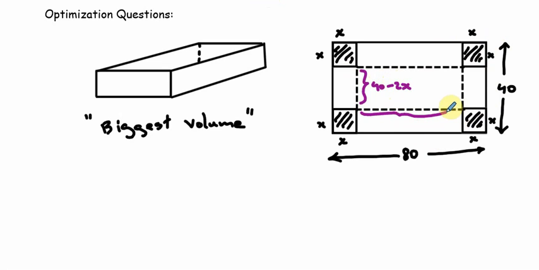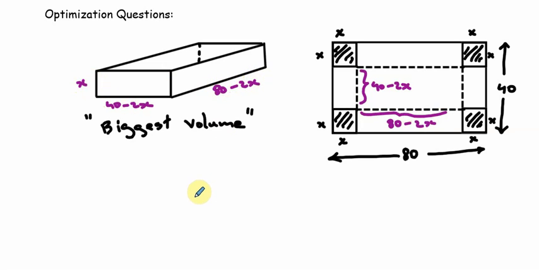It's 80 minus an x minus an x, so 80 minus 2x. So when I go to my box over here, the height of the box is x, the shorter side is 40 minus 2x, and the longer side is 80 minus 2x.